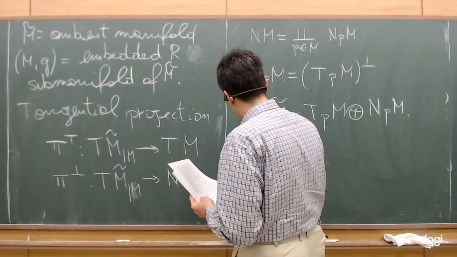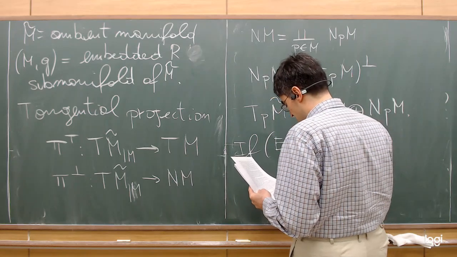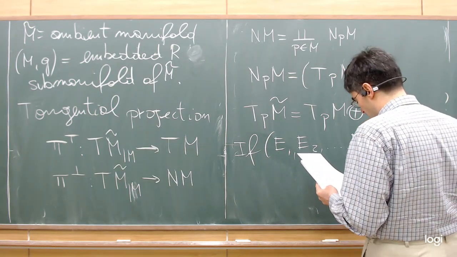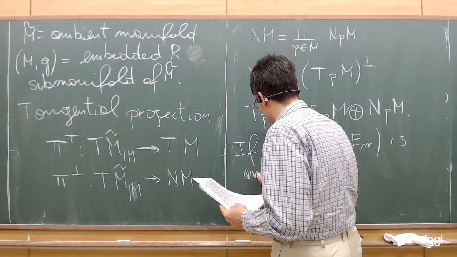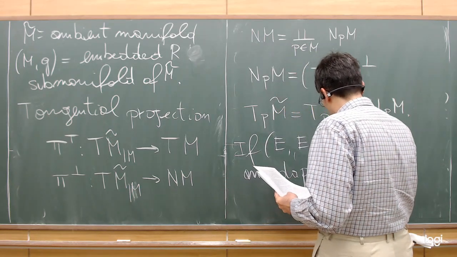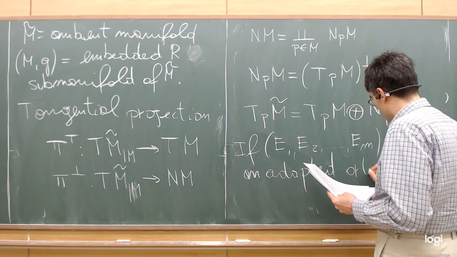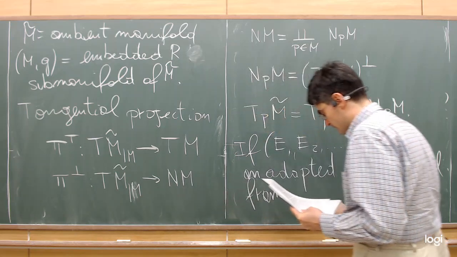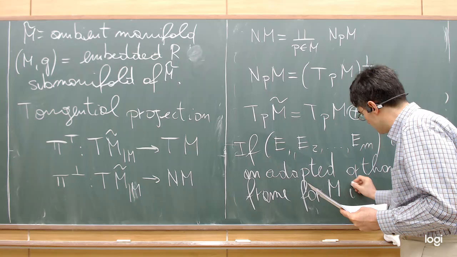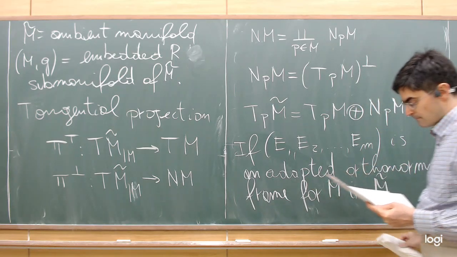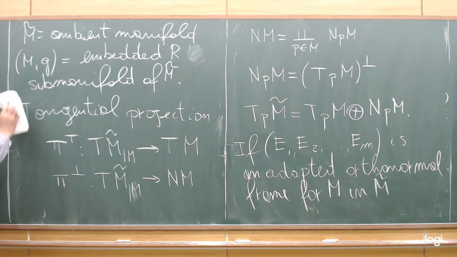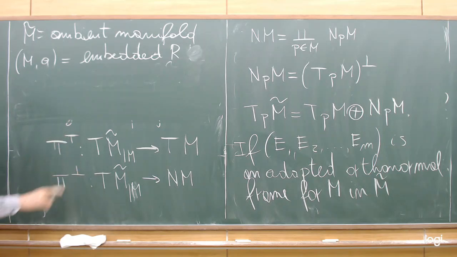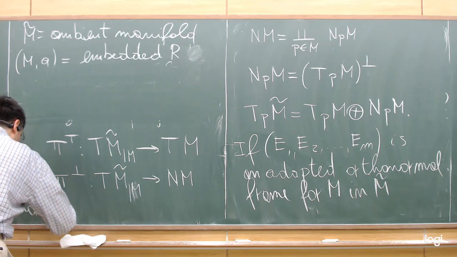In fact, if E1, E2, ..., Em is an adapted orthonormal frame for M in M tilde, then this projection here, sorry, before erasing, I did not write on the blackboard that this is called the normal projection.